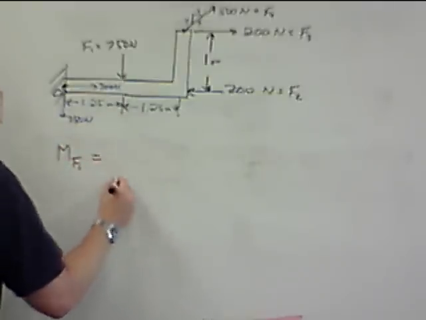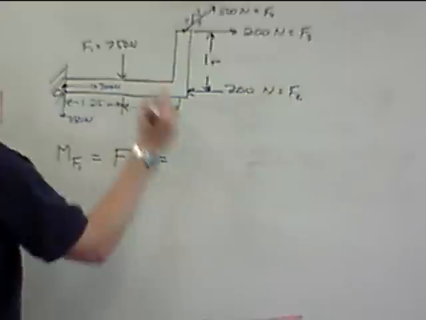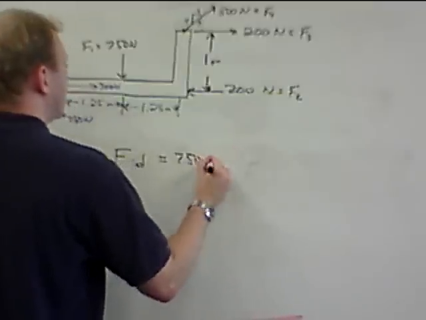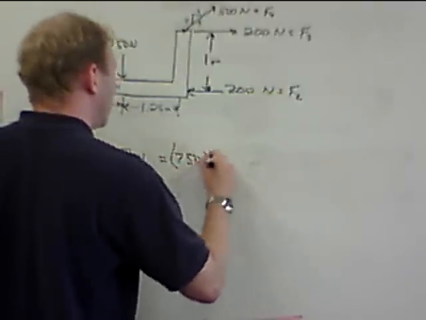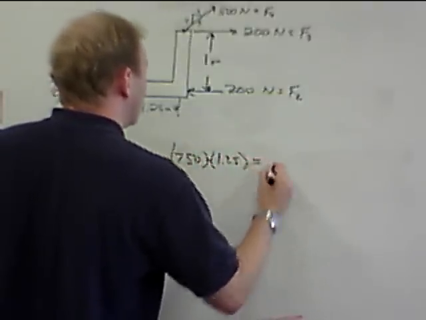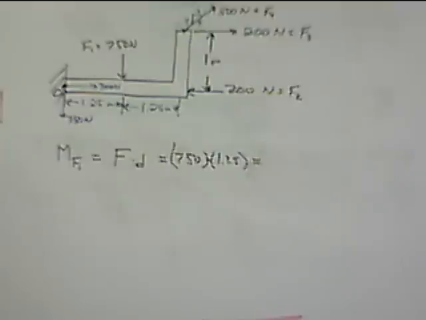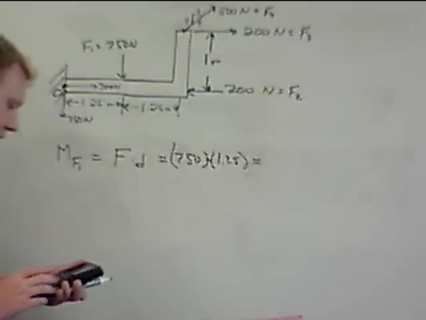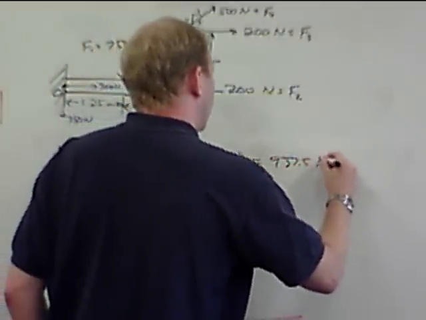Moment due to force 1 is equal to force times the perpendicular distance, the moment arm. The force is 750 times the perpendicular distance from point O, 1.25 meters. 750 times 1.25, I don't know off the top of my head, is 937.5 Newton meters.